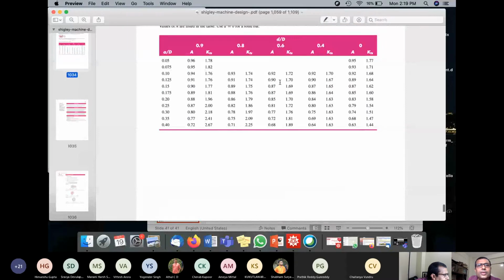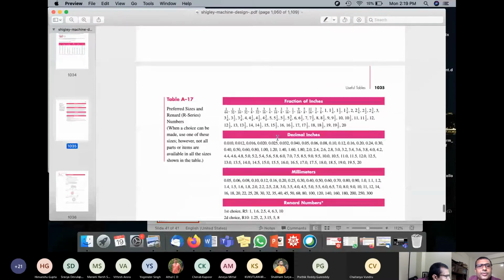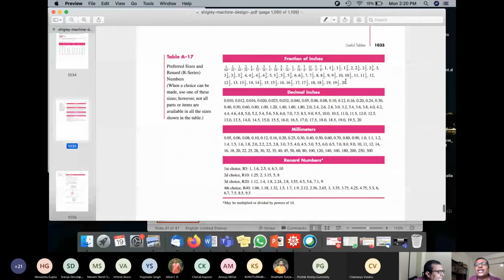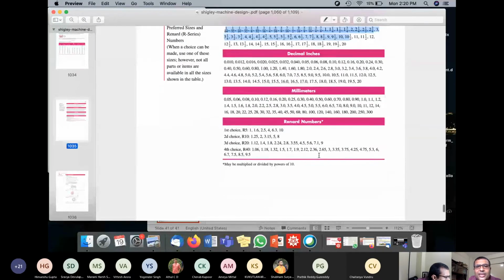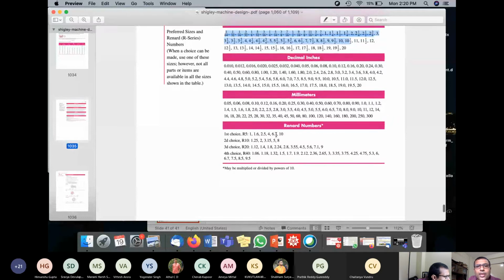Let me find out where the fastener lengths are. Decimal inches. So these are the sizes of the bolts which are available in the market. This is the diameter actually, but the lengths also should be there. The first choice, Renard number, 10.